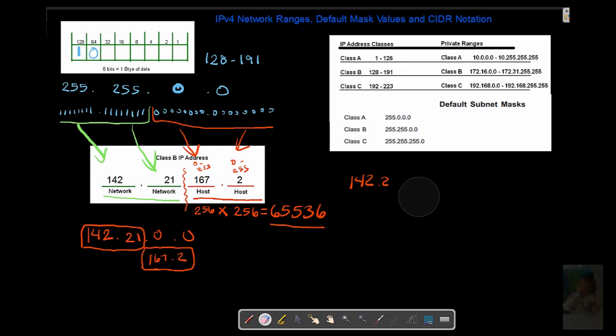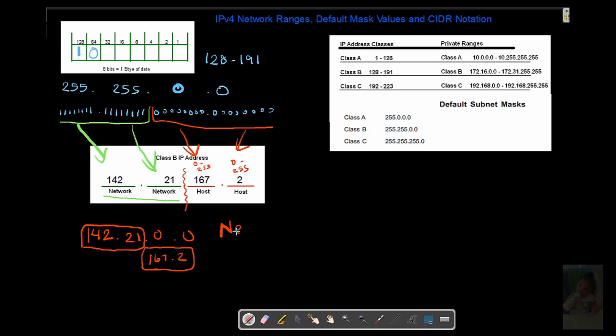Do you recall which 2 are not usable? What you should be thinking to yourself is, my net ID is not usable, which would be this guy right there, 142.21.0.0. That's the first possible address. Your broadcast is not going to be usable, which is 142.21.